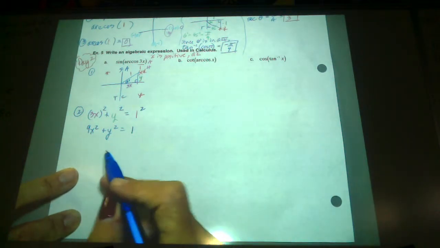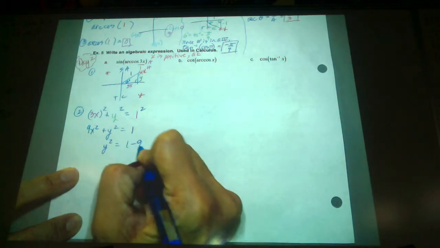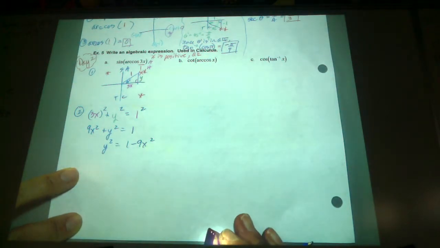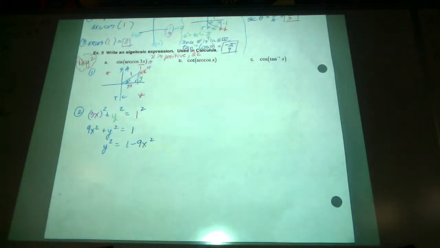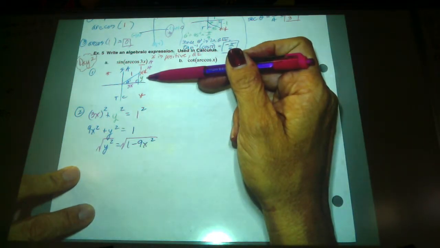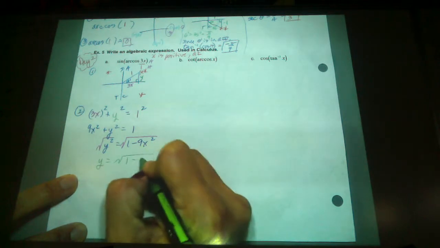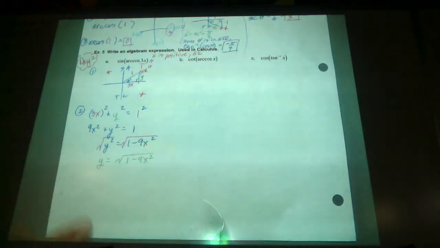I'm solving for y, so move the 9x squared over. y squared is equal to 1 minus 9x squared. How do I solve for y? Take the square root. Normally when I take the square root of both sides, you should have a plus or minus, but y is a distance, and distance is always positive, so we're going to ignore the negative. So y is equal to the square root of 1 minus 9x squared.